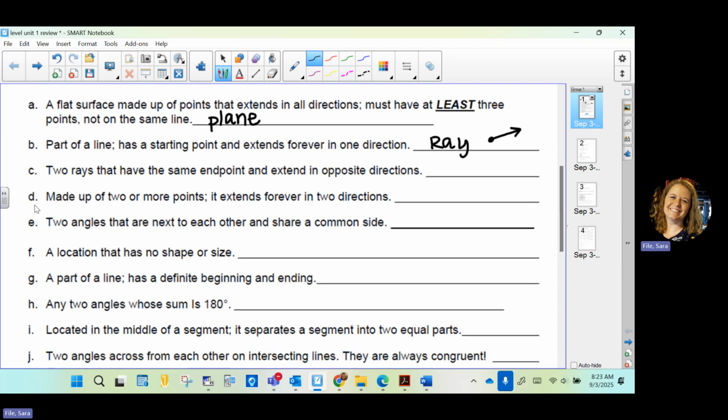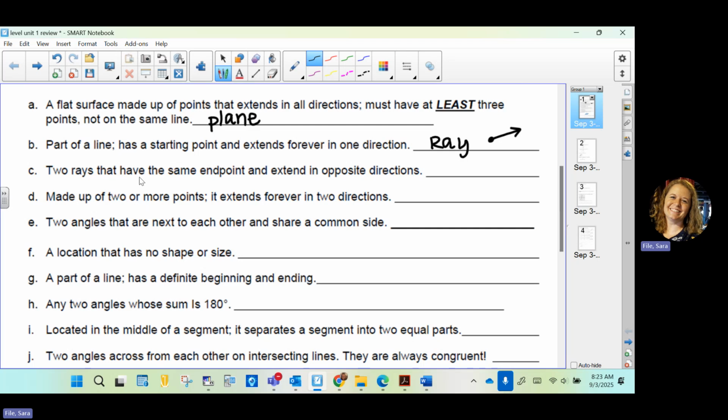Okay, D says something made up of 2 or more points and it extends forever in 2 directions. What is that? Made up of 2 or more points, and it goes on forever in 2 directions.